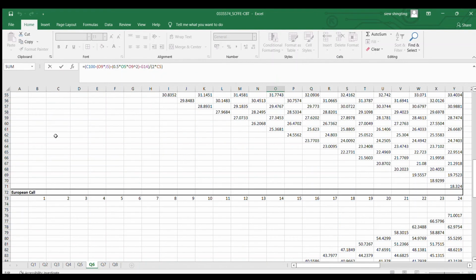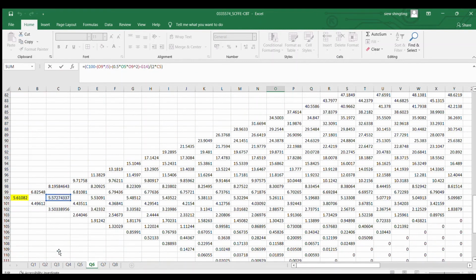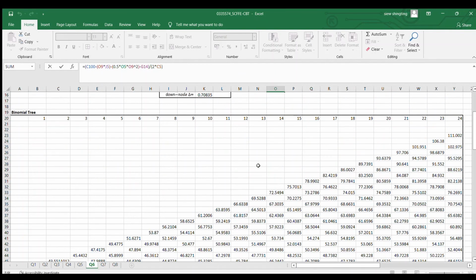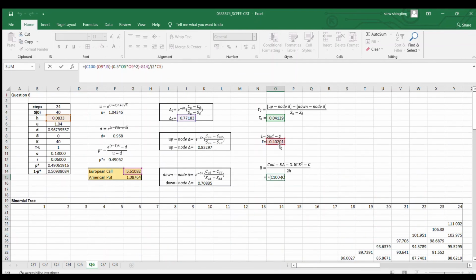C100 is from the European call period 2, 5.57 minus the 0.09, which is E delta, minus 0.5 times the gamma and times the E square.